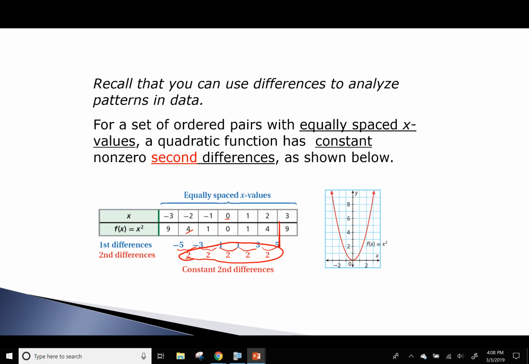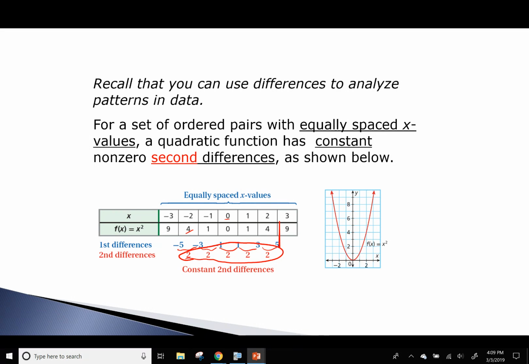So something just to be aware of, because one of the things we're going to get into later is all these types of regression: linear regression, quadratic regression, exponential regression, and you're not going to know which one's which, and that's going to make it difficult for you.